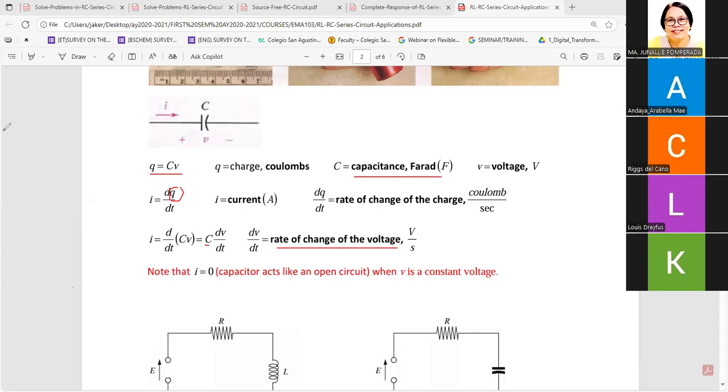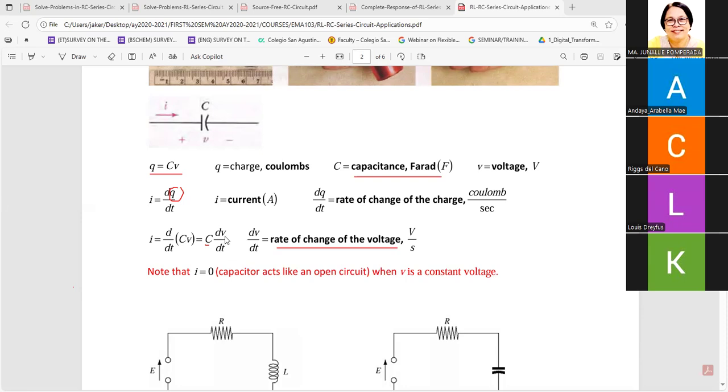Now, there's a note here that says that current is zero if the capacitor acts like an open circuit. If it's an open circuit, we know that no current passes through all circuit elements, and as such, current will be zero. Or we can say that current is zero when voltage is constant. So you notice here, class, that I is equal to C dV dt.